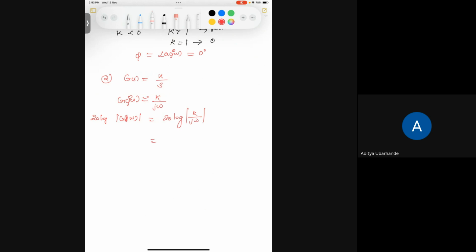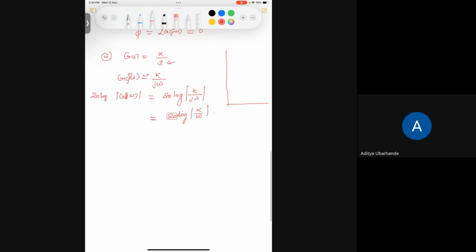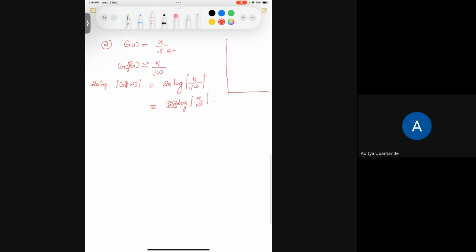How will the slope look for a single pole at the origin? That's the integrator, right? Minus 20 decibels slope per decade. This will be 20 log of k by omega, if we take the magnitude alone.